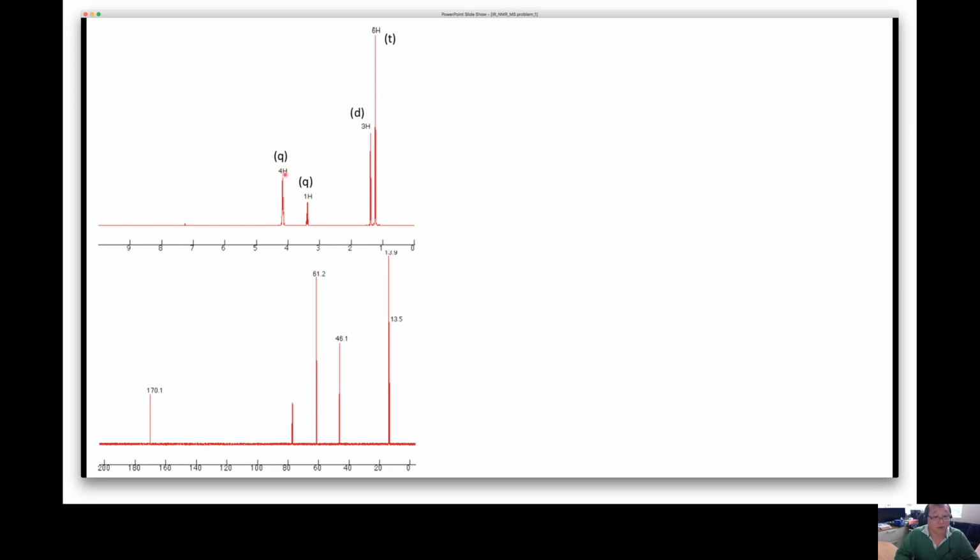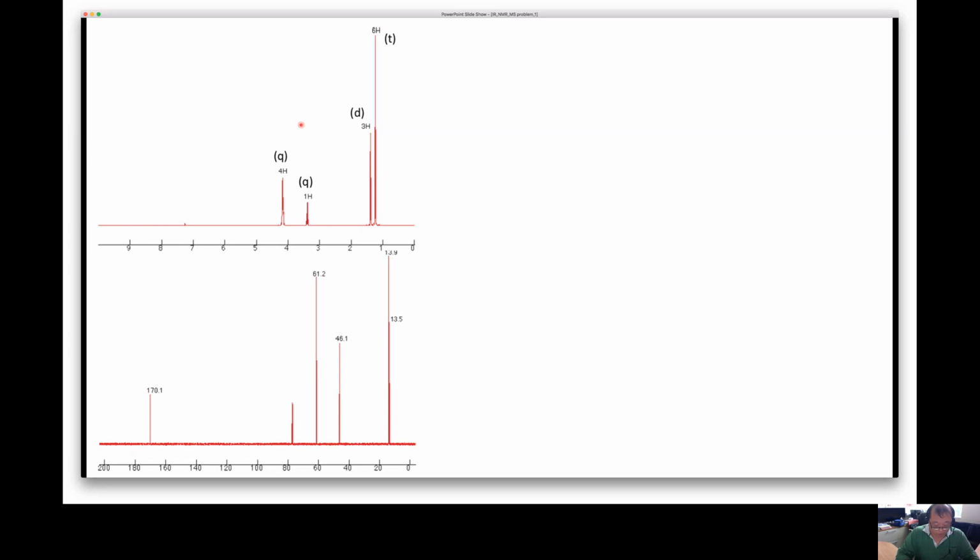Four hydrogens come together. There's no way one carbon has four hydrogens. So this means two CH2 happen to come together because they are equivalent. And then again, the six hydrogens, and there's no way you can have six hydrogens on one carbon. So this is two methyl groups that happen to be identical. That's why we definitely have a symmetry in the molecule.